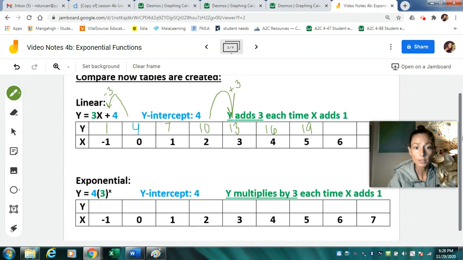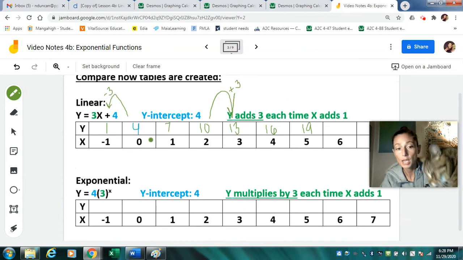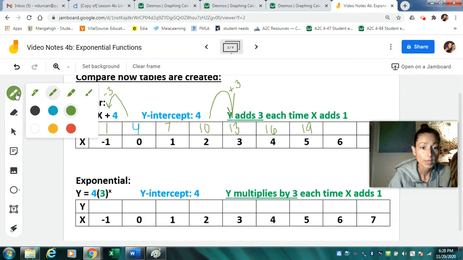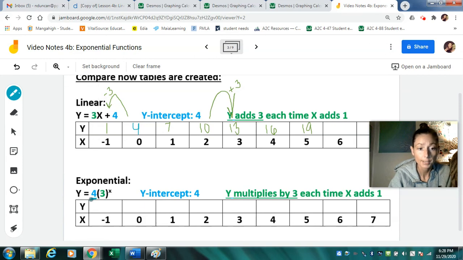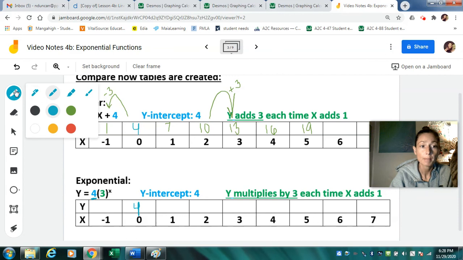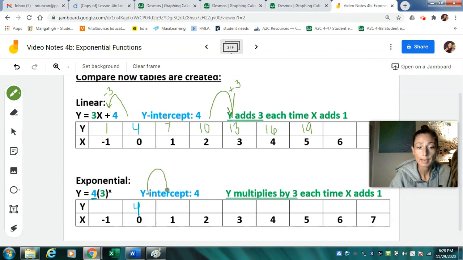So for an exponential, it's similar, but we're doing multiplication instead of addition. So here I have an initial value of 4. And then the base or the multiplier is 3. So I'm going to multiply by 3. 4 times 3 makes 12.